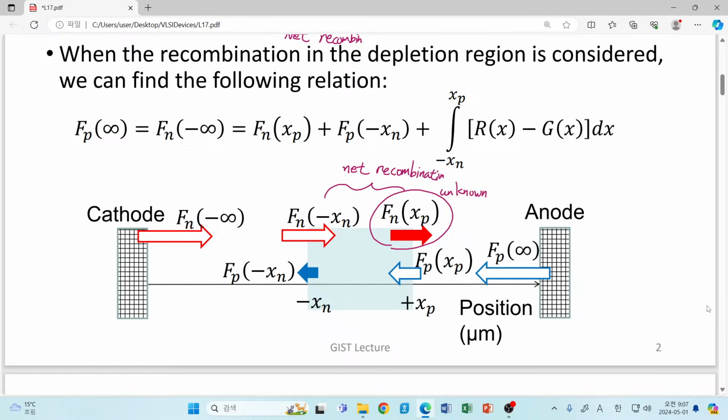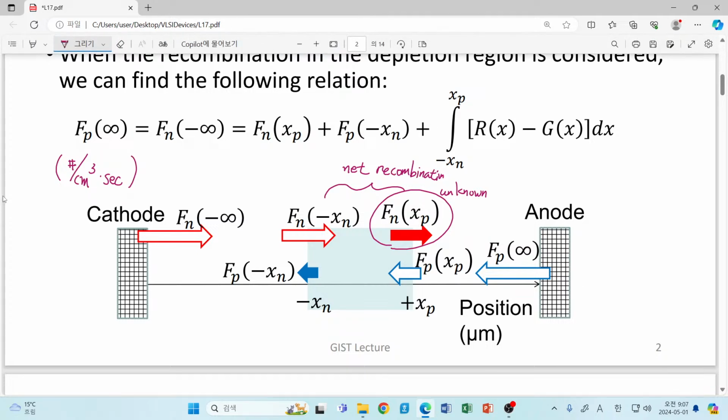So what is recombination rate? It has a dimension of the number of electrons or holes which recombine in a given unit time. That is the usual unit of our net recombination.